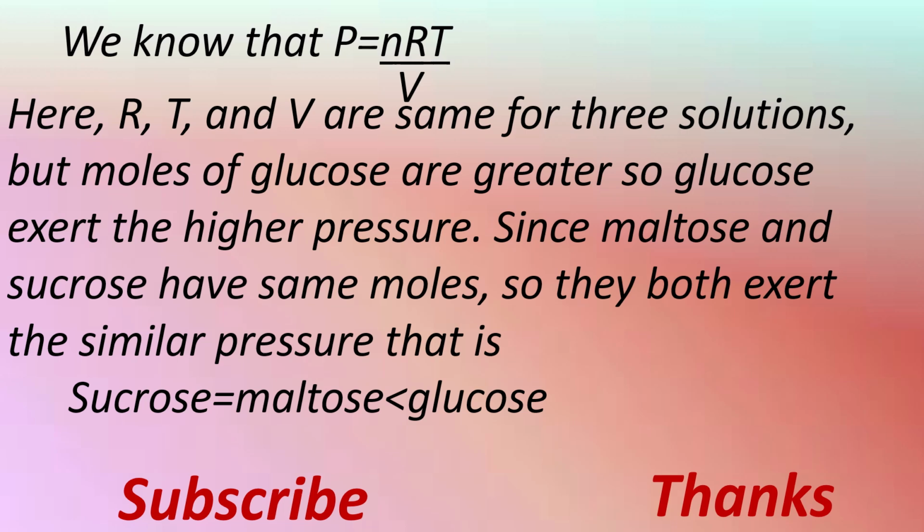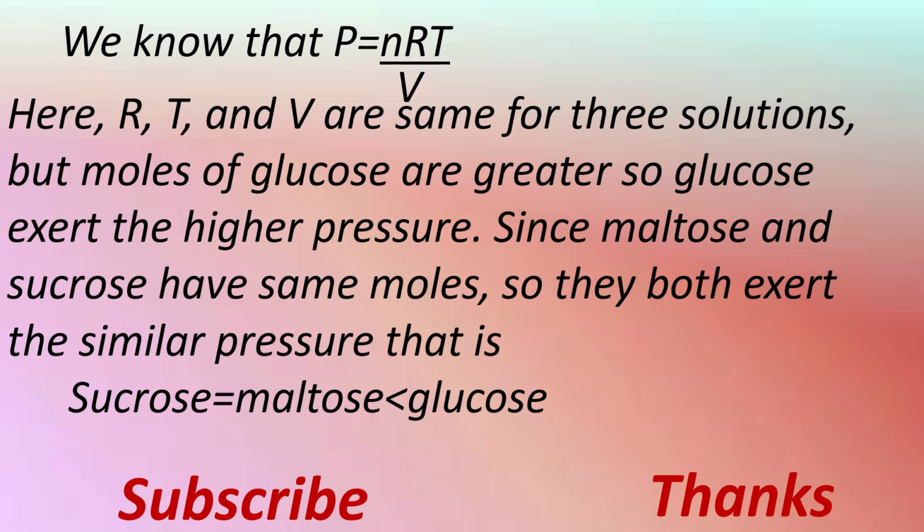Now, moles of glucose are greater and moles of sucrose and maltose are less. Because other conditions are same, that is value of R, temperature and volume, pressure is directly proportional to number of moles. Since number of moles of glucose are greater, pressure exerted by glucose solution is greater.